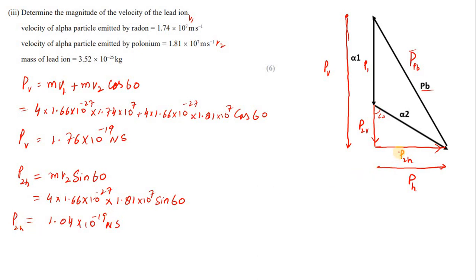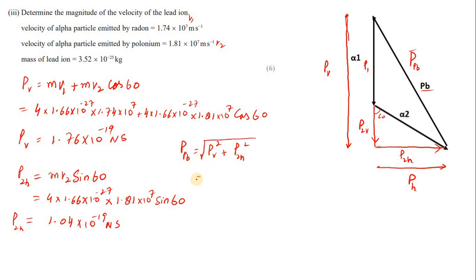But P2H is the horizontal momentum of lead. So you can say that momentum of lead, PB, would be the square root of PV square plus P2H square.